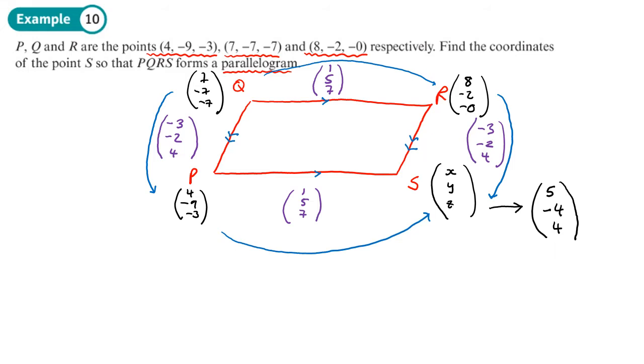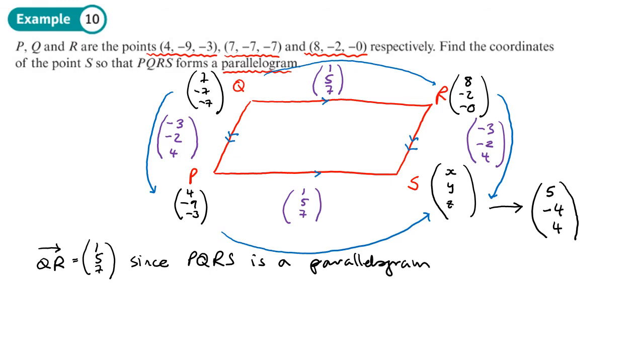There's nothing wrong with that, but you may prefer to actually say something like, Q to R, for example, is (1, 5, 7), and then say something like, since PQRS is a parallelogram, PS equals QR, or QR equals PS.